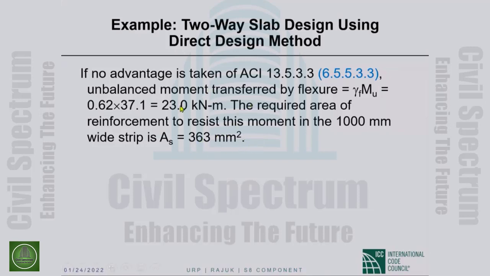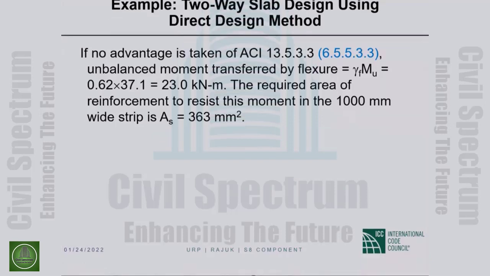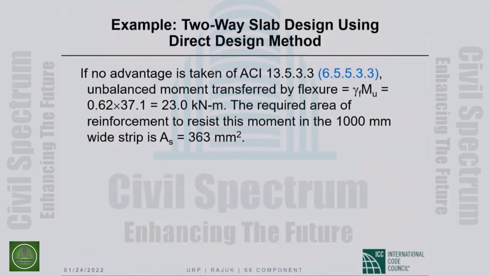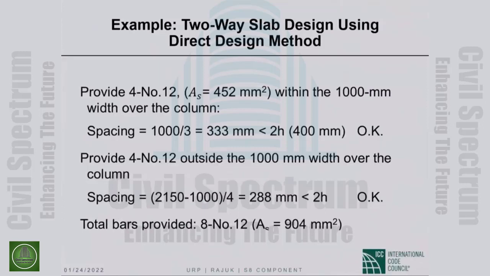Okay. So this is our transfer moment. If we want to stick to 62% going by flexure, and that moment requires 363 square millimeters of reinforcement in the moment transfer band, 3 number 12 was short, so we had to provide 4 number 12.